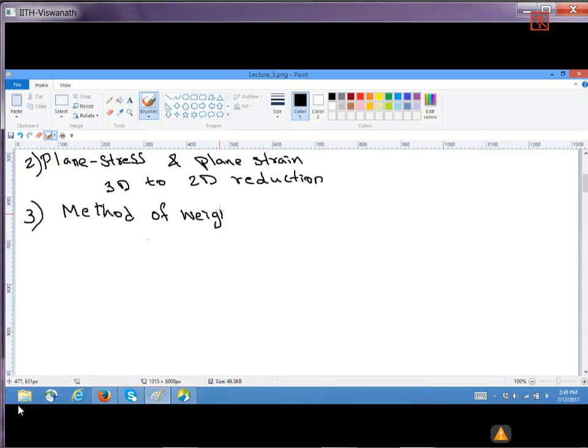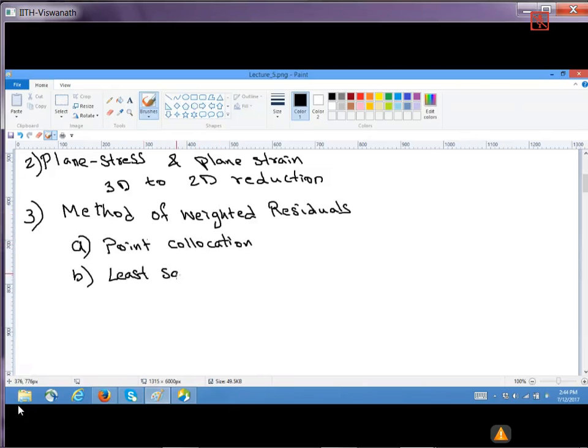The second one is least square minimization. And today what we'll discuss is the Galerkin method.